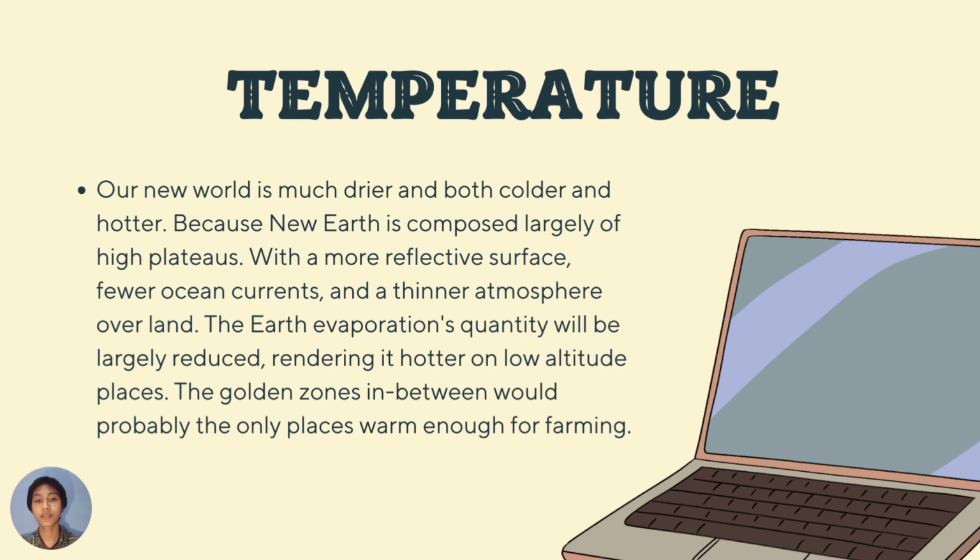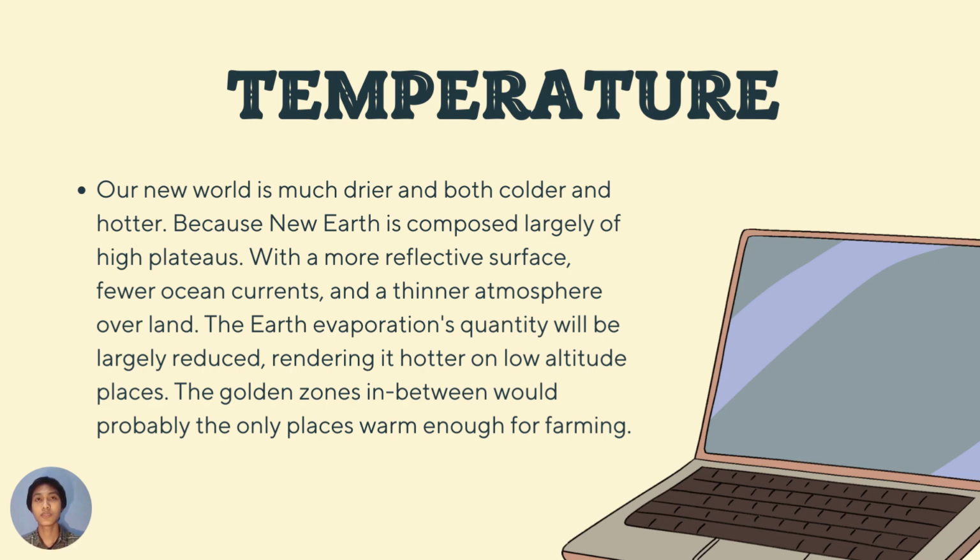Because of that, it will be much drier and colder, because there are a lot of high places where oxygen doesn't go. With Earth's evaporation quantity largely reduced, it will be hotter at low altitude. The place where you can farm will probably be somewhere in the middle, not too low while also not too high.